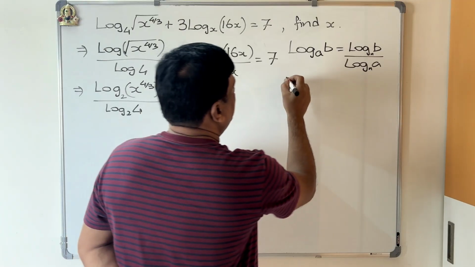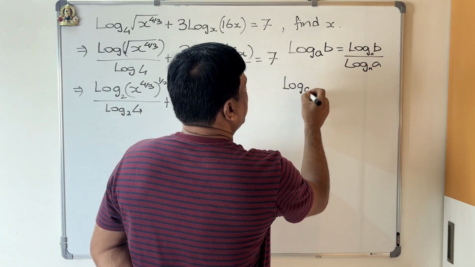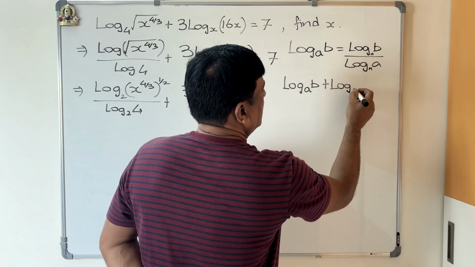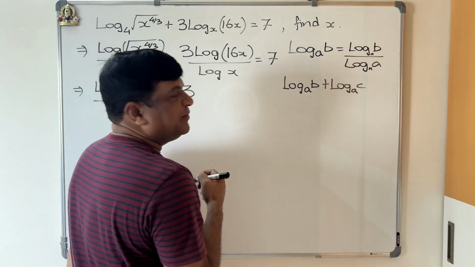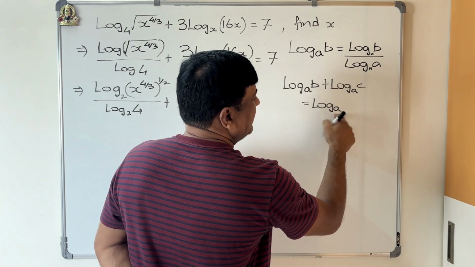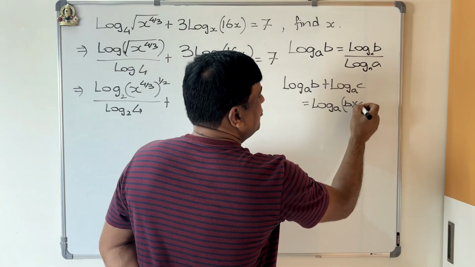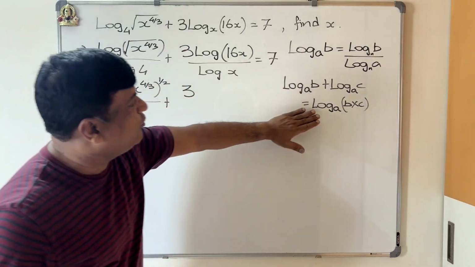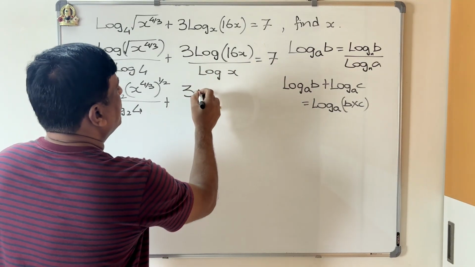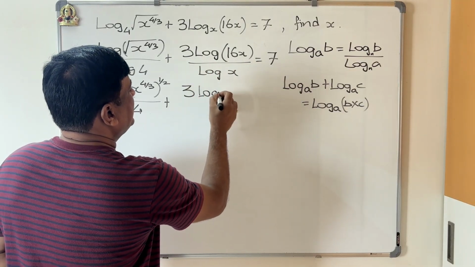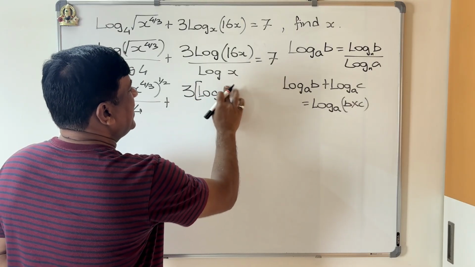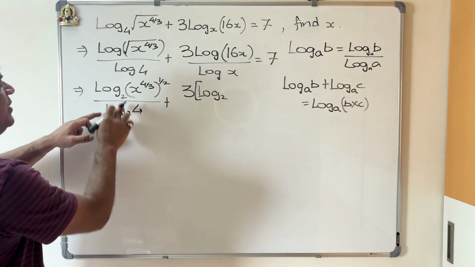So you have another rule. Log of a times b to base c, what do we know? We know that it is equal to log base c of a plus log base c of b. So I'm going to use the reverse formula and split this one. I'm going to do this: log of 3 times log of 16. Now this is again base 2, because I have considered base 2 everywhere.